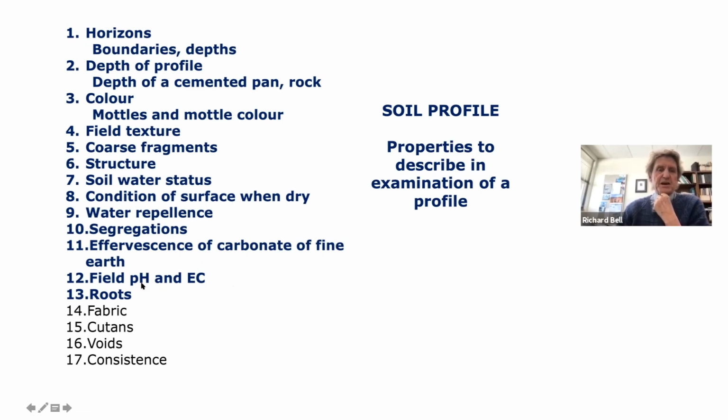We can measure the pH in the field and electrical conductivity. And as I said, knowing where the roots are, and in particular where the roots aren't, is a big part of understanding the soil profile.